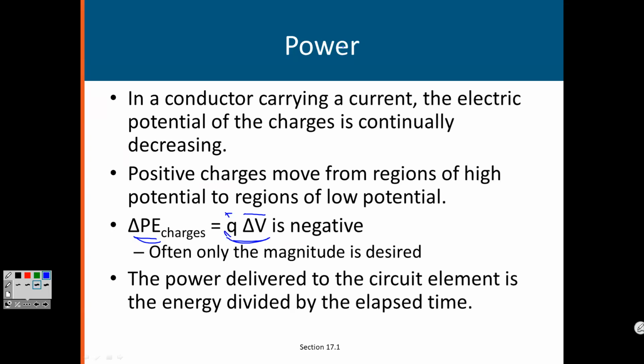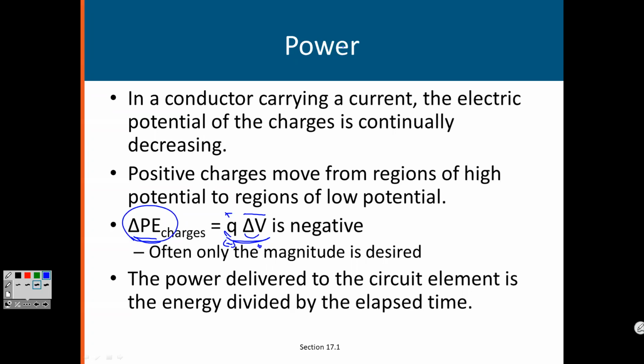Suppose instead the charge carriers are negative, not electrons, say negative charges, then Q is negative and delta V is positive because negative charges move from low potential to high potential. Then again we get the change in the potential energy to be negative. So it doesn't matter whether you have positive charges or negative charges. The end result is the charges move such that the potential energy decreases as they move.